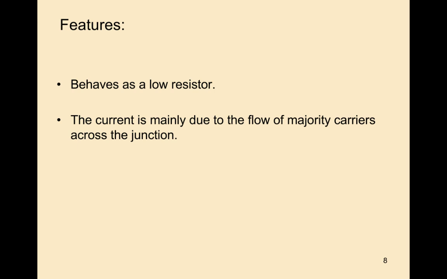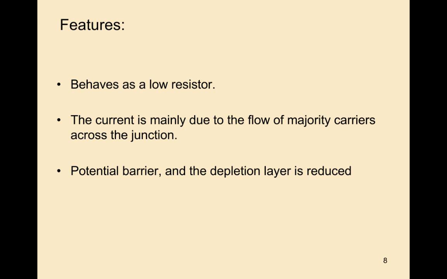When you connect a diode in forward biased mode, the current is mainly due to the flow of majority carriers across the junction. The next feature is that the potential barrier and depletion layer are reduced.